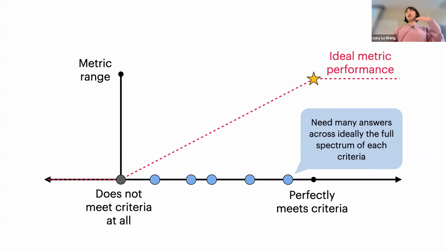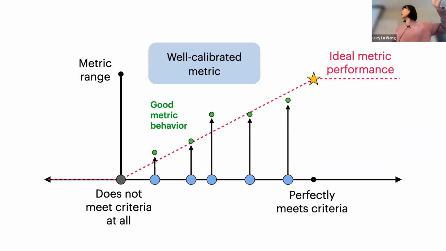Then we have our metric of interest that we're trying to characterize. We look at the metric values, and maybe the metric gives us these green dot values, and we can say that actually this is a fairly well-calibrated metric. It is well correlated with our criteria of interest.